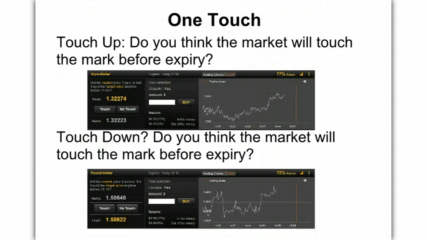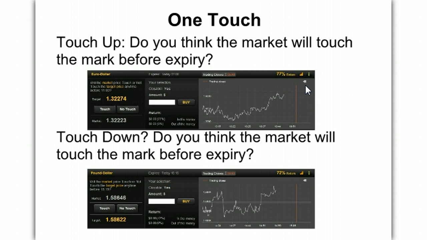One touches are a little more complicated. You have two different types of touches: a touch up and a touch down. Within each touch, you have the option of touch or no touch. With the touch up, there's going to be a line here that indicates your target price.